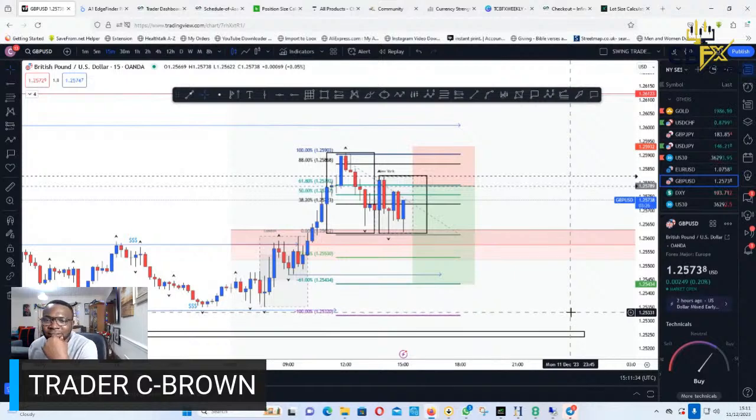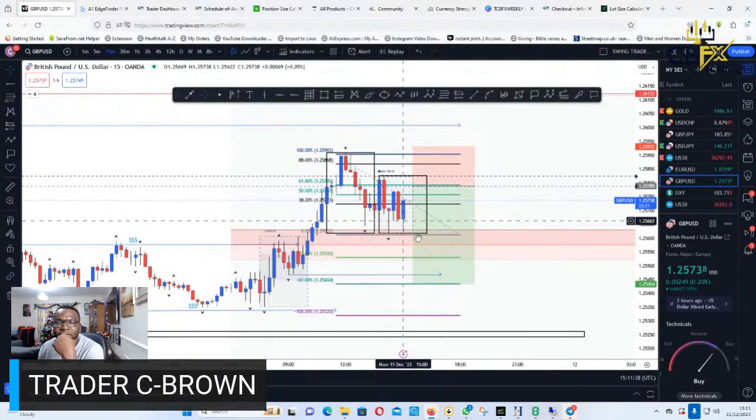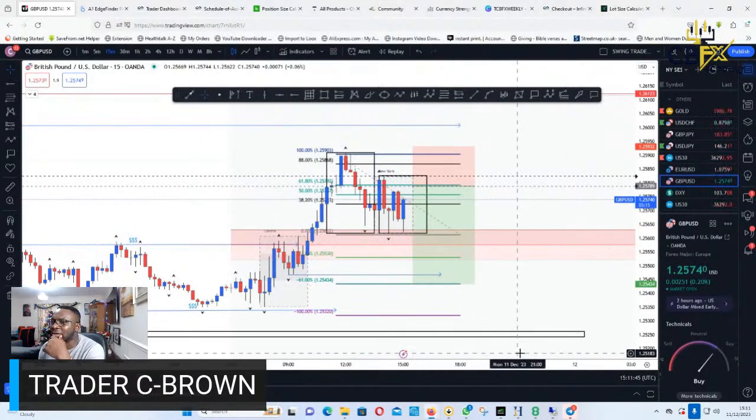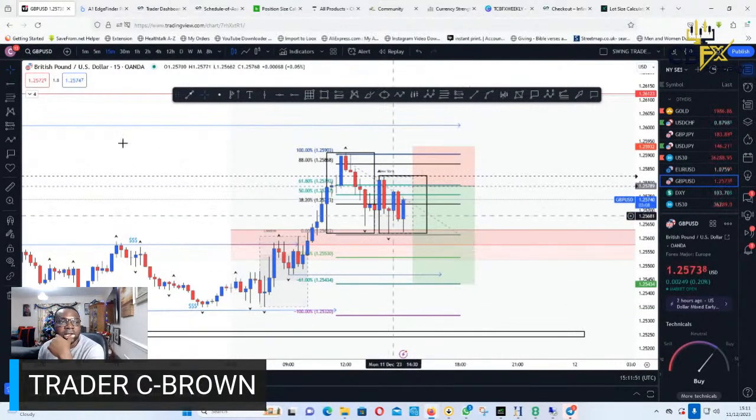Okay, watch this. Look at that push. This is the 15 minutes, the 3 o'clock New York session candle that I'm talking about. It's coming. So, what indicator do you use for London session opening? It is called Market Sessions. That's it.